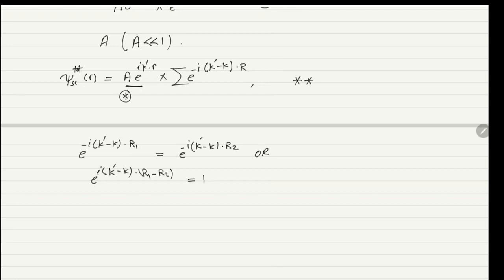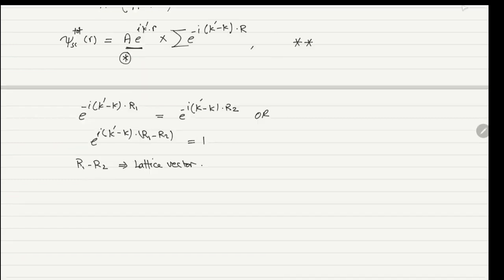This has to be equal to 1, and remember R1 minus R2 is just a lattice vector. Therefore, the condition for constructive interference becomes e to the i (k prime minus k) dot R equal to 1. And remember, this is the condition for constructive interference.